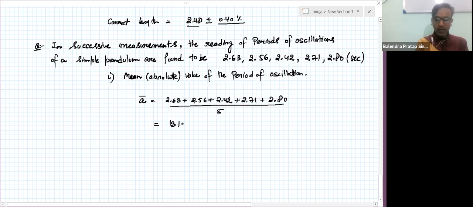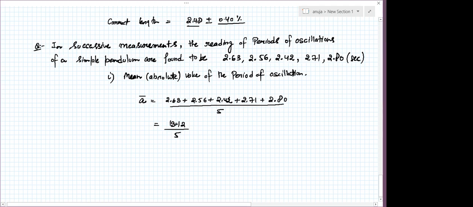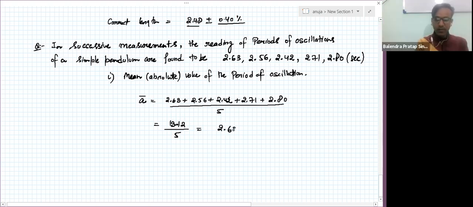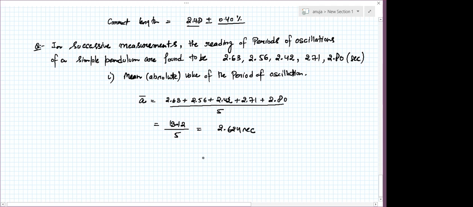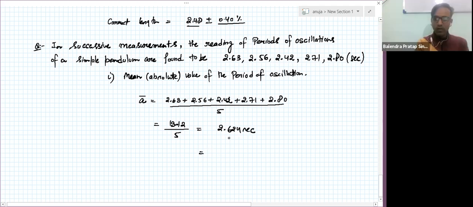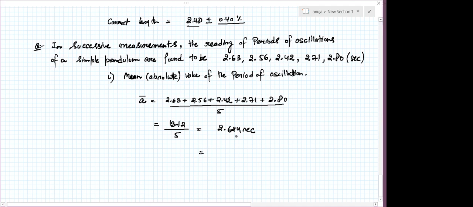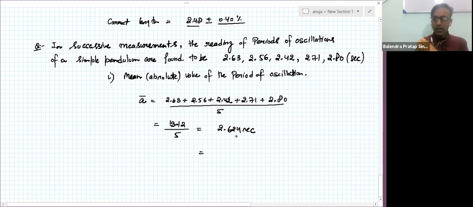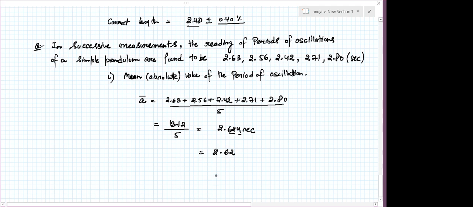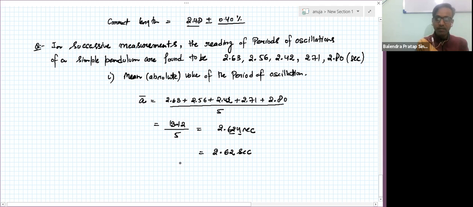It's 13.12 by 5, and after it you will get the value 2.624 second. You have to round it off to 2 decimal places or 3 significant figures. In that case you will get 2.62, because 4 is less than 5, so put the value as it is. So 2.62 second is the mean absolute value.